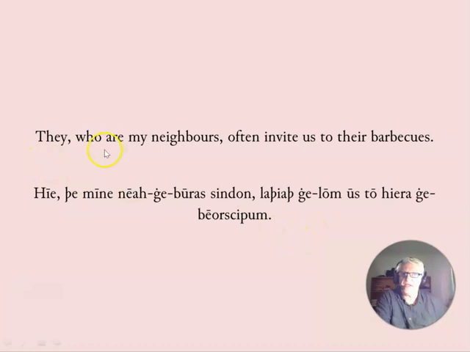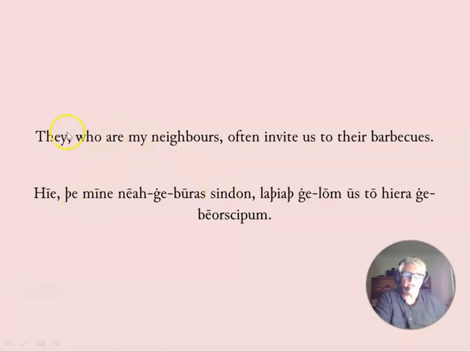Next one. They who are my neighbours, subordinate clause here, they, subordinate clause, who are my neighbours, often invite us to their barbecues. Here, their mina neach yabura sindon, lathieth yalom usto hira yabera shipum. Okay, let's keep moving. Just notice here with the subordinate clauses, verbs go to the end.